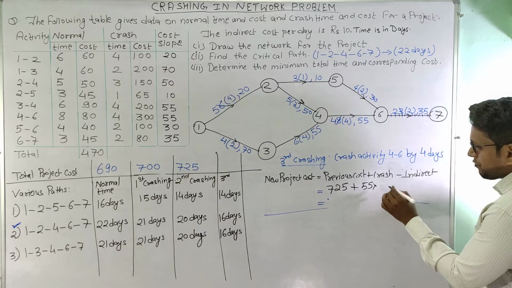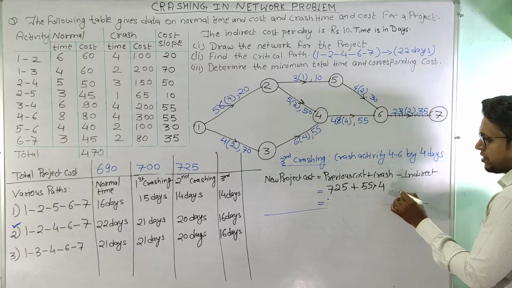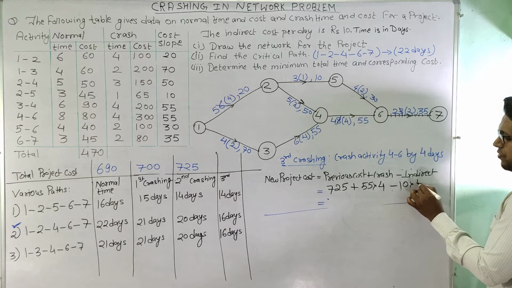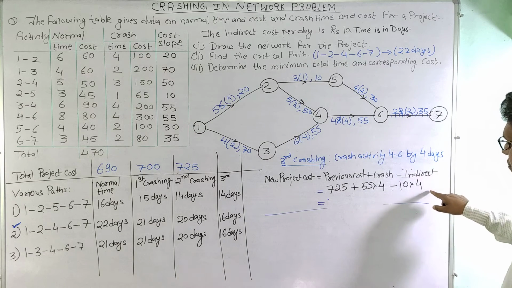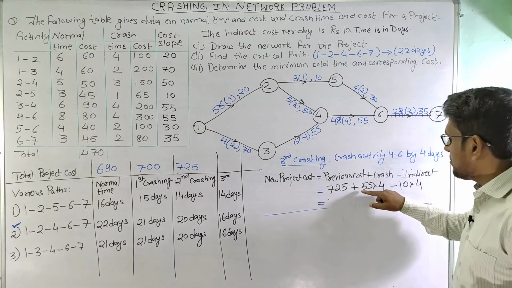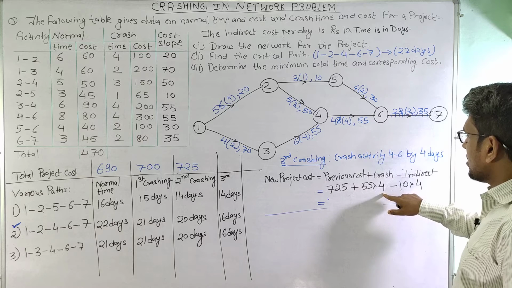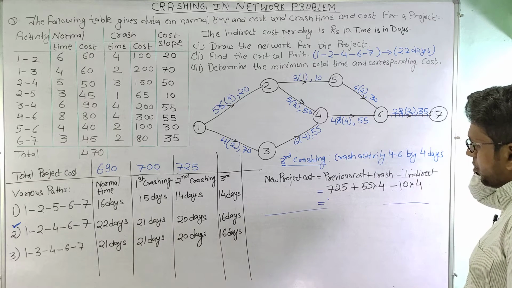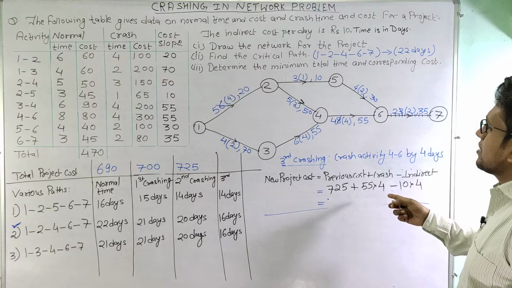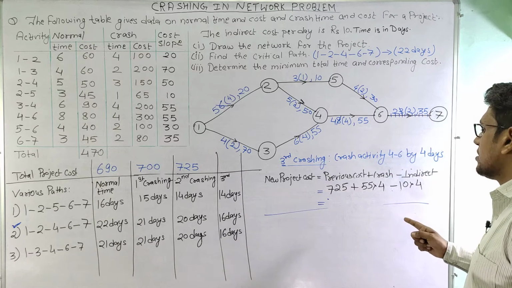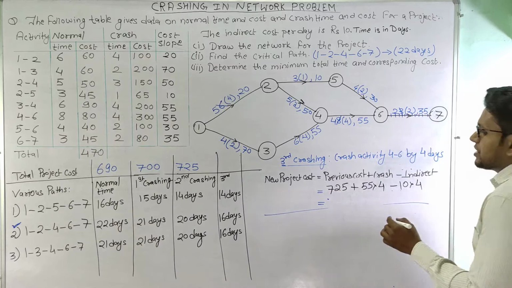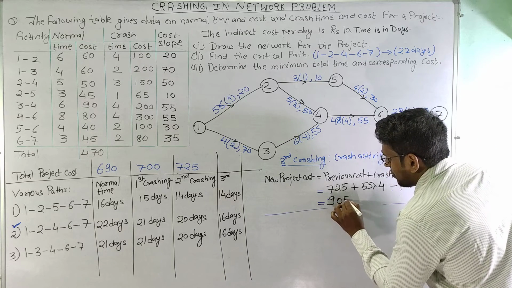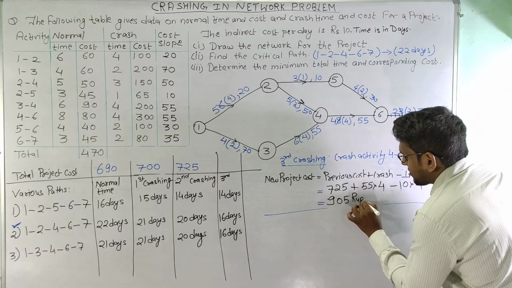So we are crashing for 4 days, so this will be 4, minus indirect cost is 10 into 4 because it has been crashed for 4 days. So this will be 220 minus 40 is 180, 725 plus 180, this will be 905. So this cost is equal to 905 rupees.